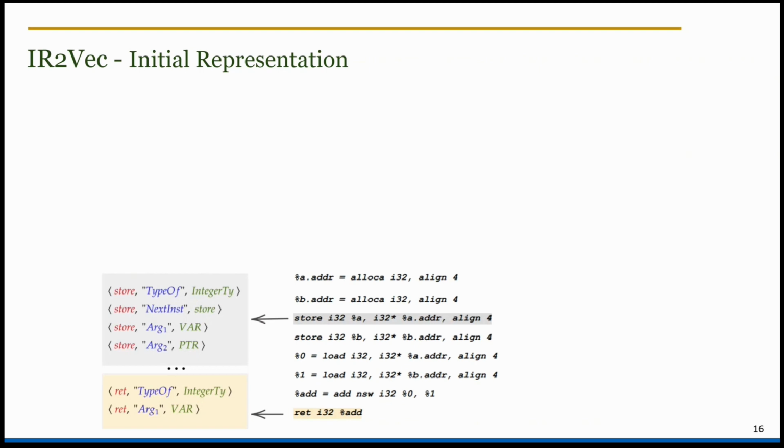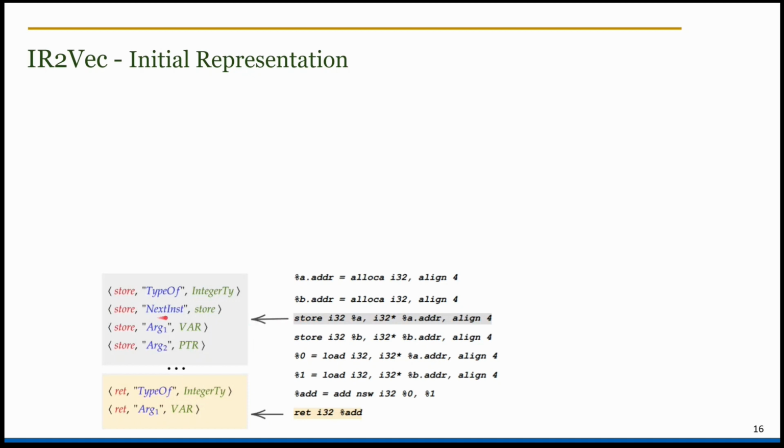So what we do in IR2Vec is that we generate the LLVM IR for the program, and we break this IR into something called triplets. We create triplets containing relationships to relate two entities of the triplet. We create three different relations. First is the type-of relation that tries to relate the opcode with its type in the current instruction.